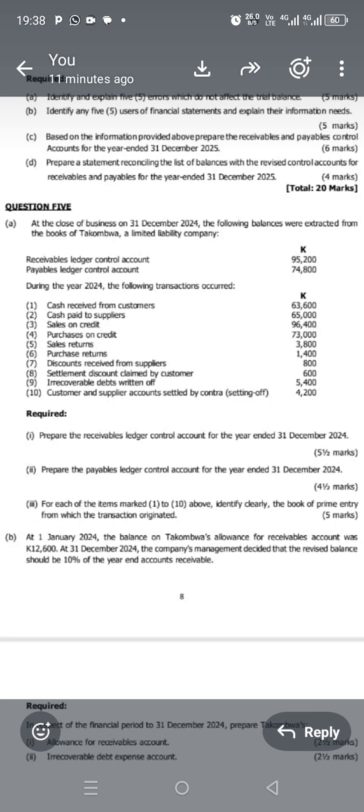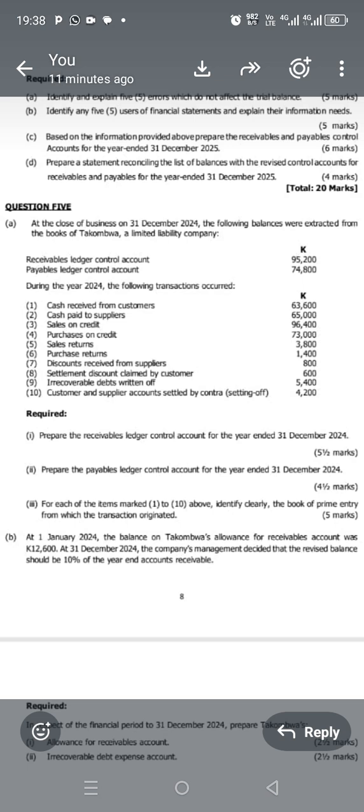Then receivable control account goes with the sales and also the customers. That is the relationship there. So purchases on credit is going to be recorded in the payables ledger control account.